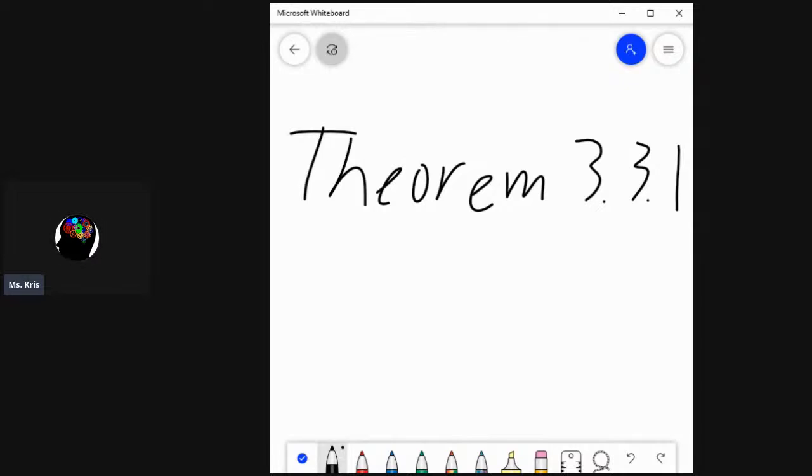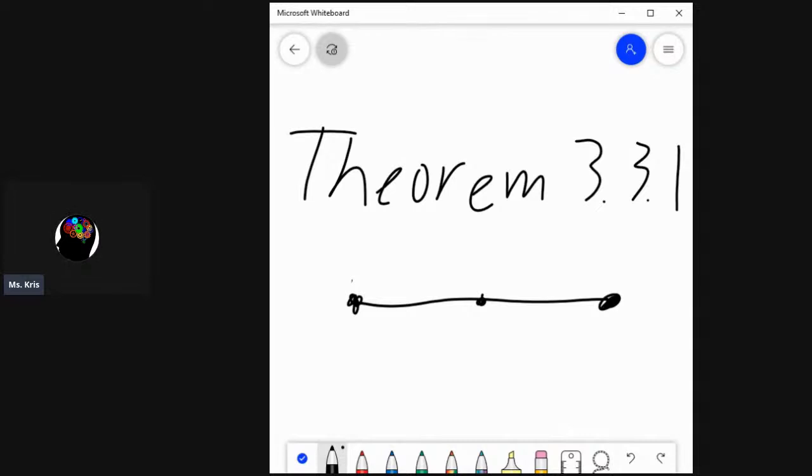Theorem 3.3.1. The midpoint of a line segment is unique, meaning that is the only point that separates that line segment.